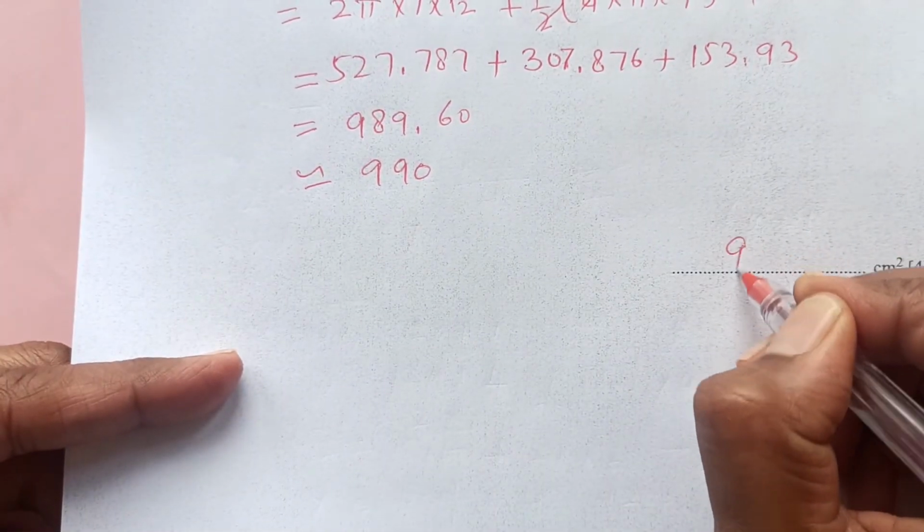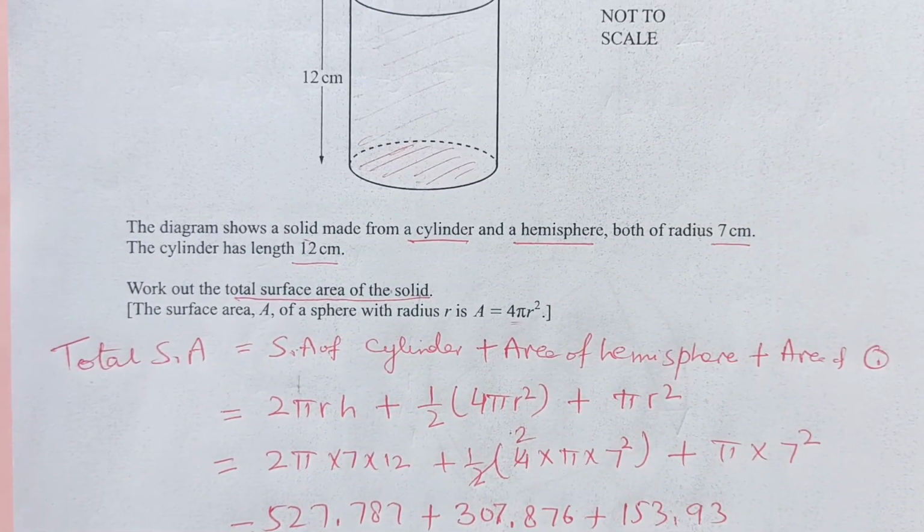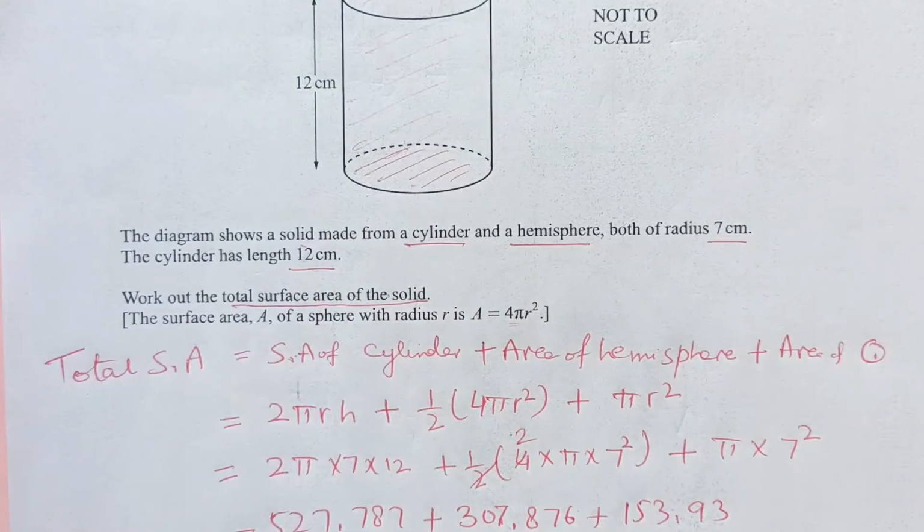So our answer is 990 centimeters squared. Got it? So now let's move to the next question.